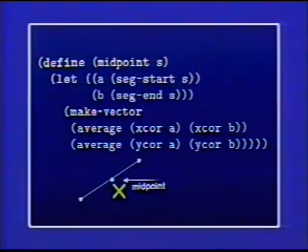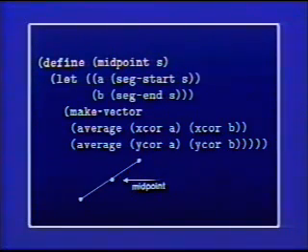So to get the midpoint of a line segment S, we'll just say, grab the starting point of the segment, grab the ending point of the segment, and now make a point whose x-coordinate is the average of the x-coordinate of the first point and the x-coordinate of the second point, and whose y-coordinate is the average of the y-coordinates. So there's an implementation of midpoint.